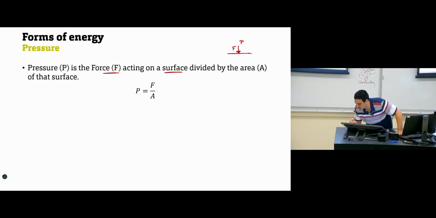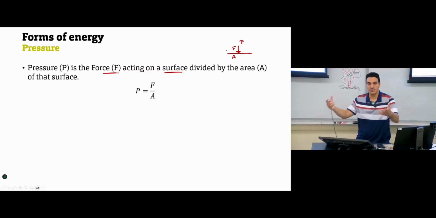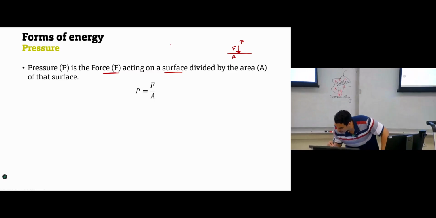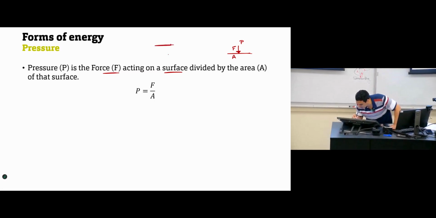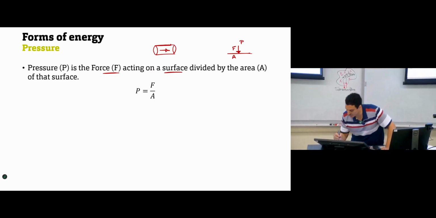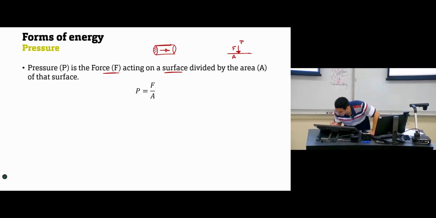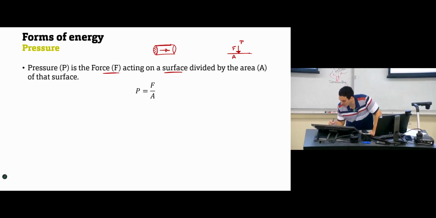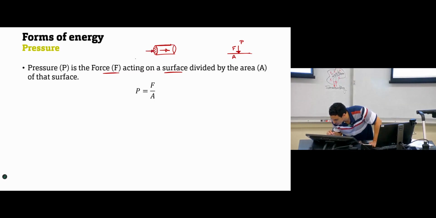So I see what is the magnitude of the force, what is the cross-sectional area, force divided by area. Let's say I have a pipe, for example, and I have fluid moving inside this pipe, so this pipe is my system. I can see what is the pressure applied to this cross-section, so the force will be normal to it.